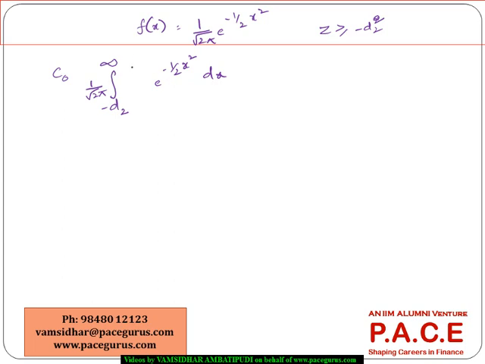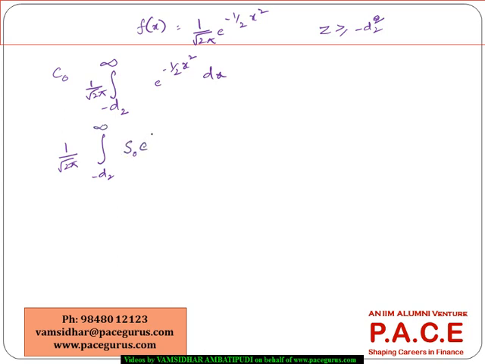But here I want to integrate ST minus K, so I will take the same logic. This will continue with 1 by root 2 pi, minus d2 to infinity. So what is ST?